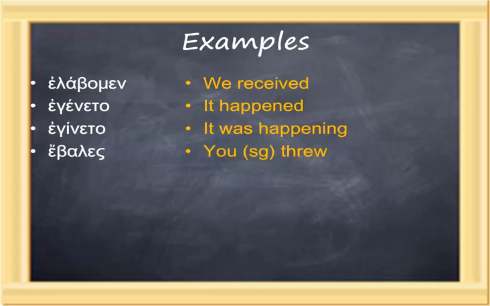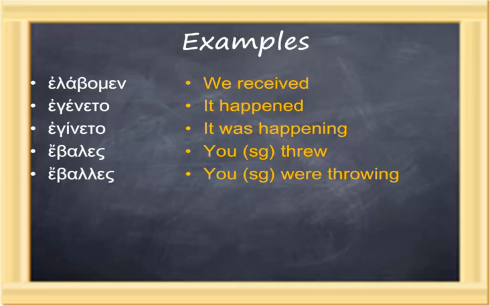Ebales, you singular threw. Notice bal with one lambda is an aorist stem. Eballes with two lambdas, the ball with two lambdas is the present stem. So an augment on a present stem is translated as an imperfect. You singular were throwing.